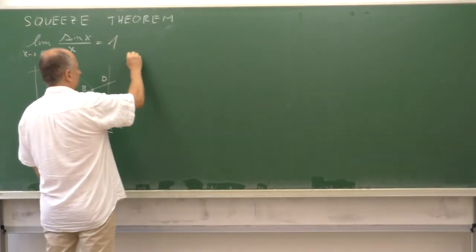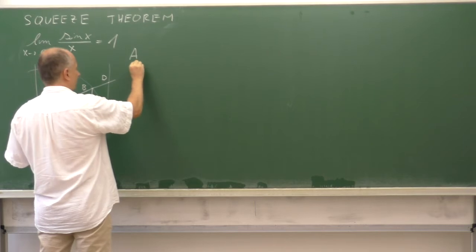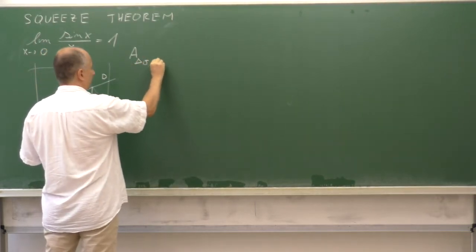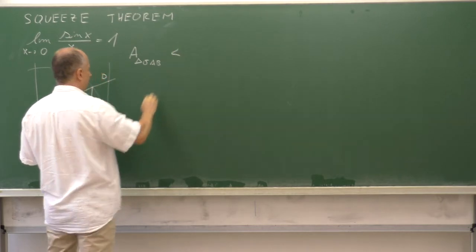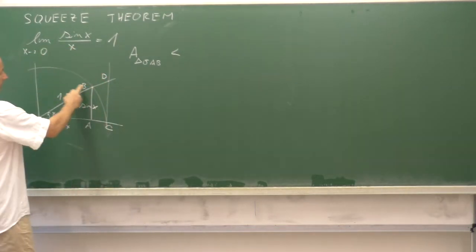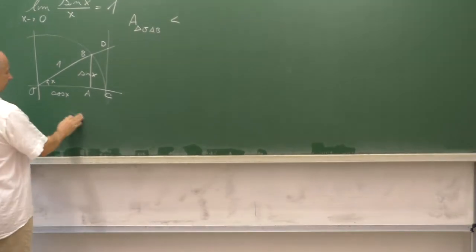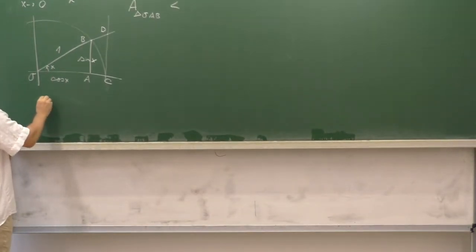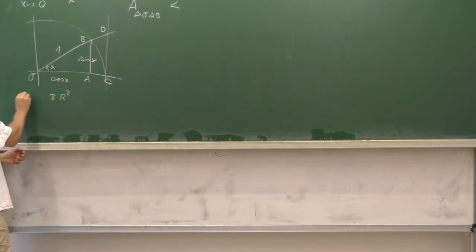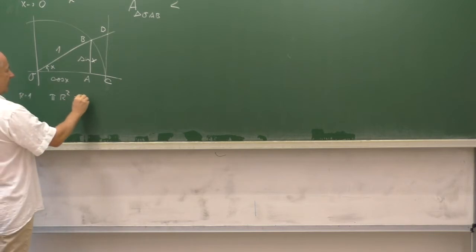So the area of the triangle OAB is definitely less than this part of the circle. If we take the whole circle, the area is pi r squared. If we consider r is equal to 1, then the area is pi.